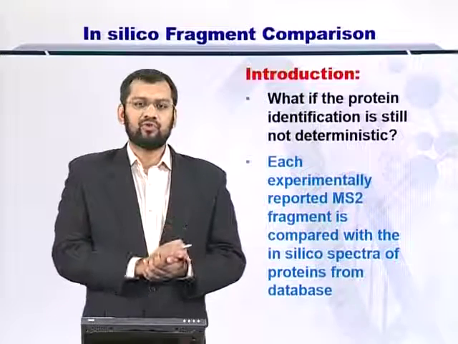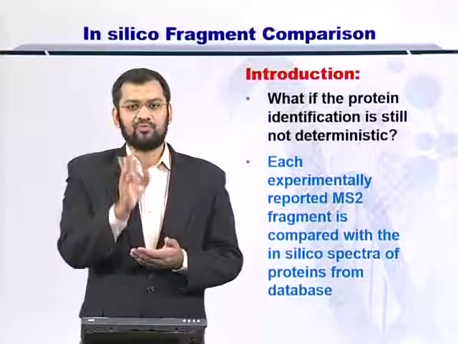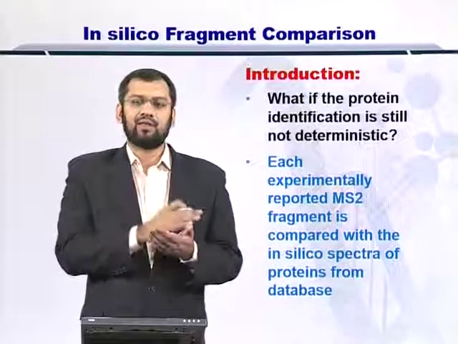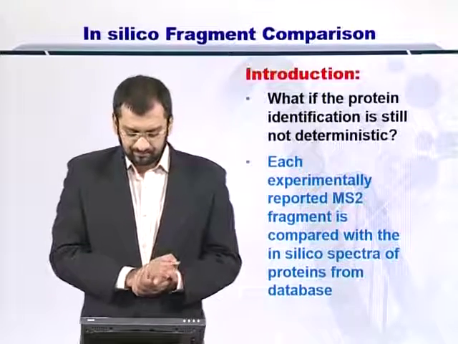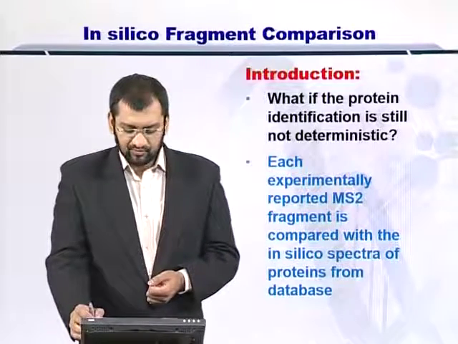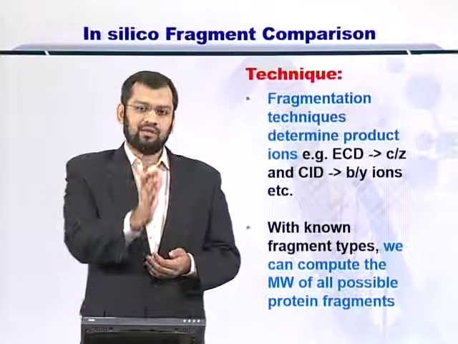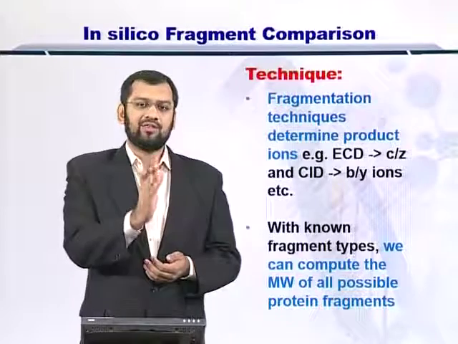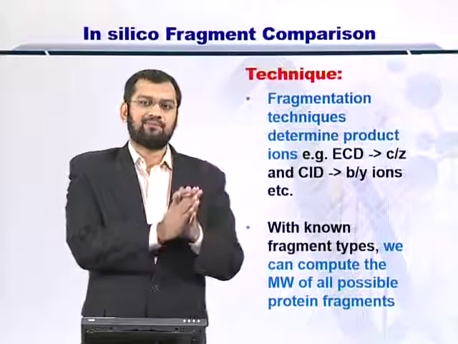Of course, if you know which technique you are going to use to fragment this protein from the database, then you can calculate the possible fragment ion masses. And of course, once you have done that, you can move on to comparing these fragments. We call them the in silico fragments, with the in vitro or experimental fragments.